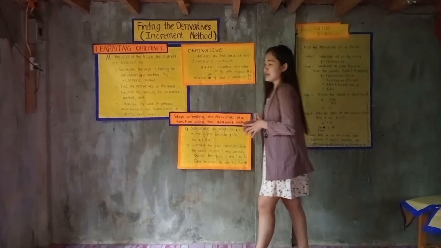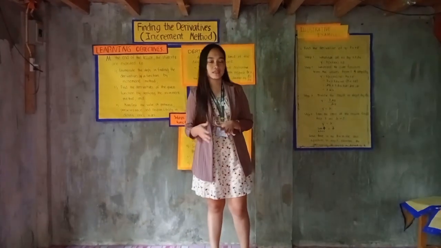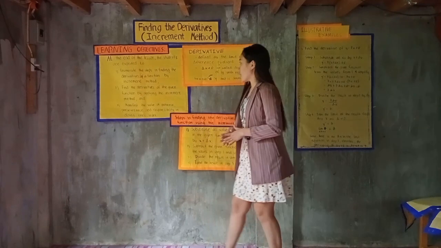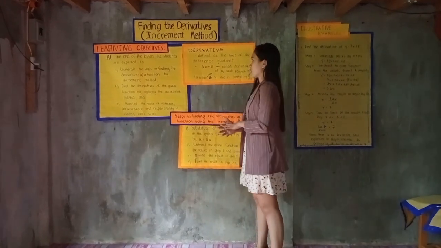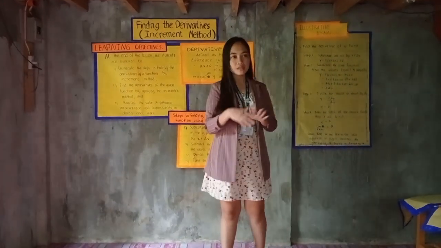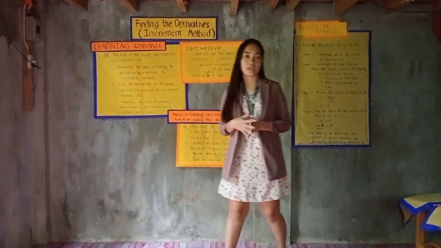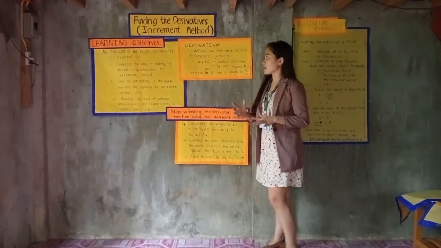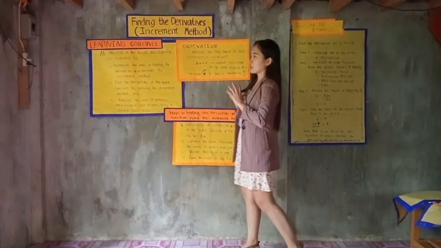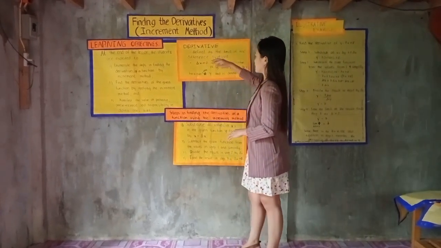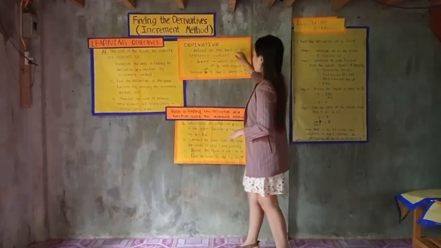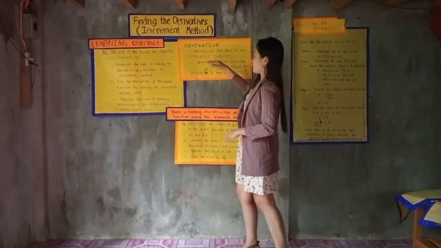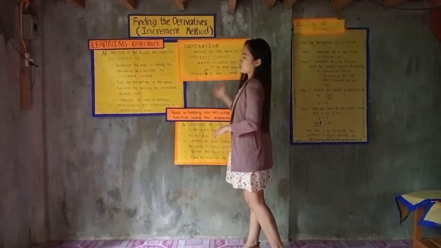Okay, again, sabi ni De Los Reyes kanina, ang derivative daw is simplifying a function. At mayroon namang ibang idea si Gonzaga. So, to conclude all your answers, the derivative is defined as the limit of the difference quotient.